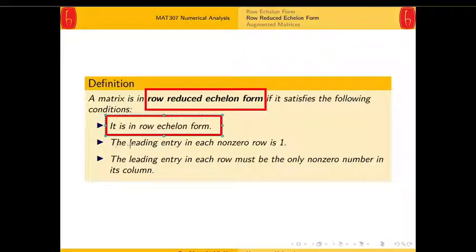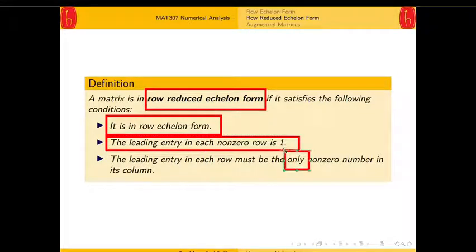Condition number 2 says the leading entry in each row is 1. The leading coefficient has to be 1. And the leading entry in each row must be the only non-zero number in its column.